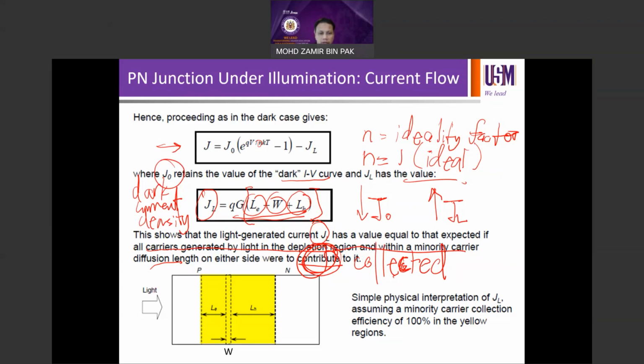And you can illustrate this equation by this, your P and N on both sides, and then the W in the center, and the diffusion length of both carriers. So simple physical interpretation of JL, assuming minority carrier efficiency is 100% in the central part.